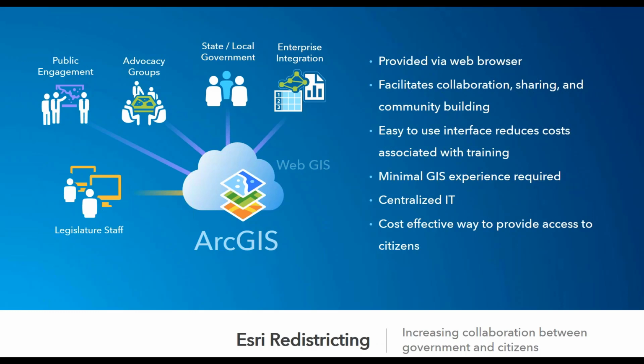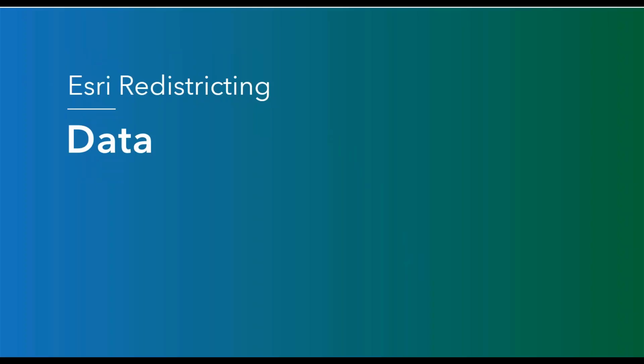And it's also going to reduce the cost for onboarding since it will utilize your platform for parts of your legislative process. So it makes it a much more centralized and cost-effective way to provide access to citizens to this redistricting process and open up and create a more transparent process for them.